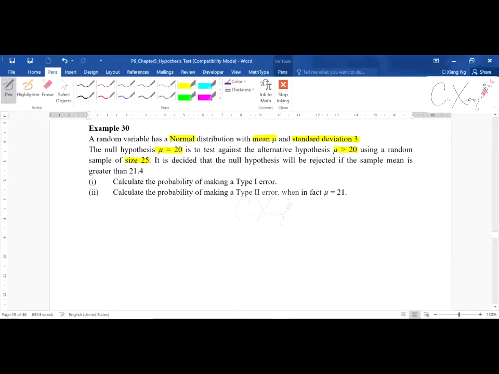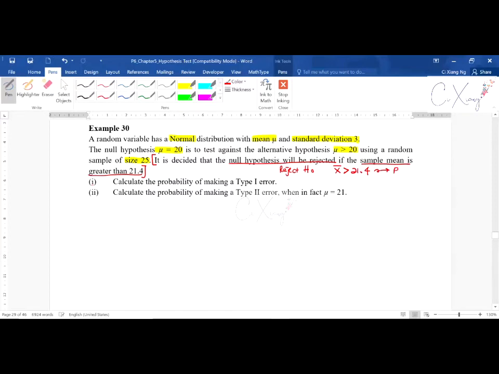So I want you to focus on this sentence again. They said we have decided that we will reject the null hypothesis. So this means reject the null hypothesis if the sample mean is greater than 21.4. So what does it mean here?